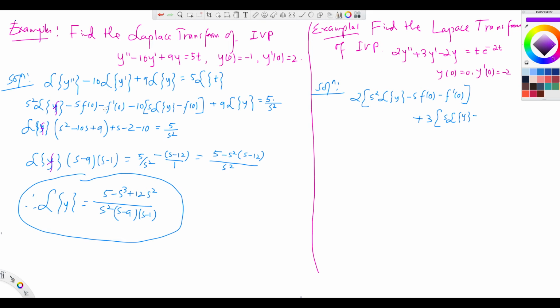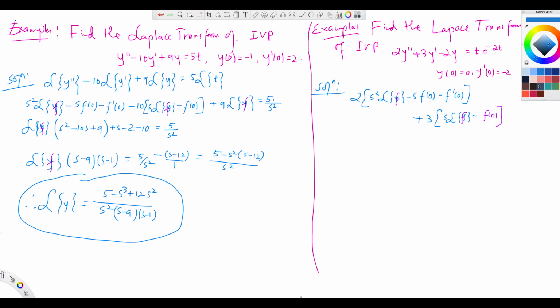Because I wrote some of them in terms of y, some of them in terms of f, but you understand y and f are the same thing, right? And let me write f here too, and then f of 0, right?